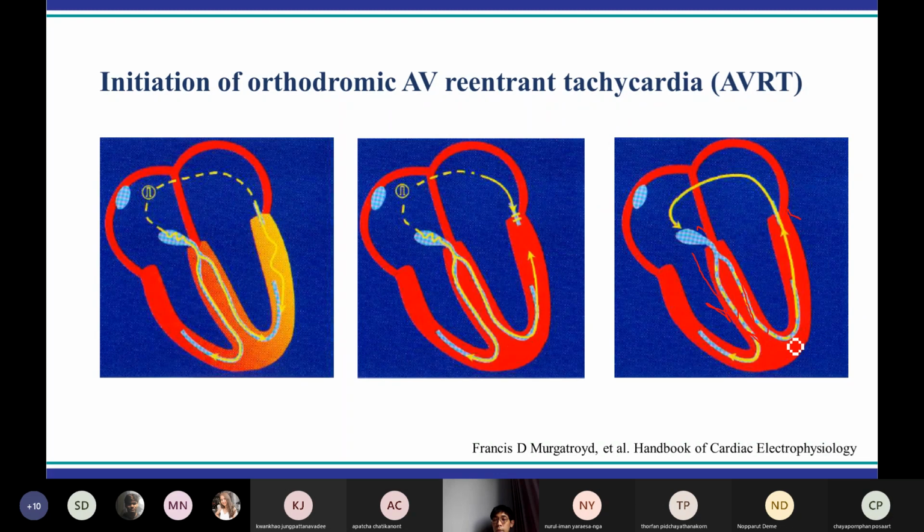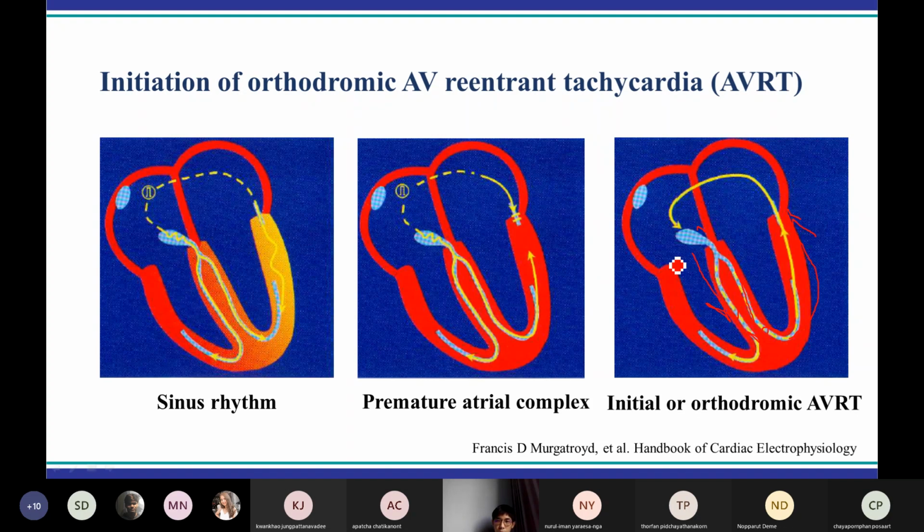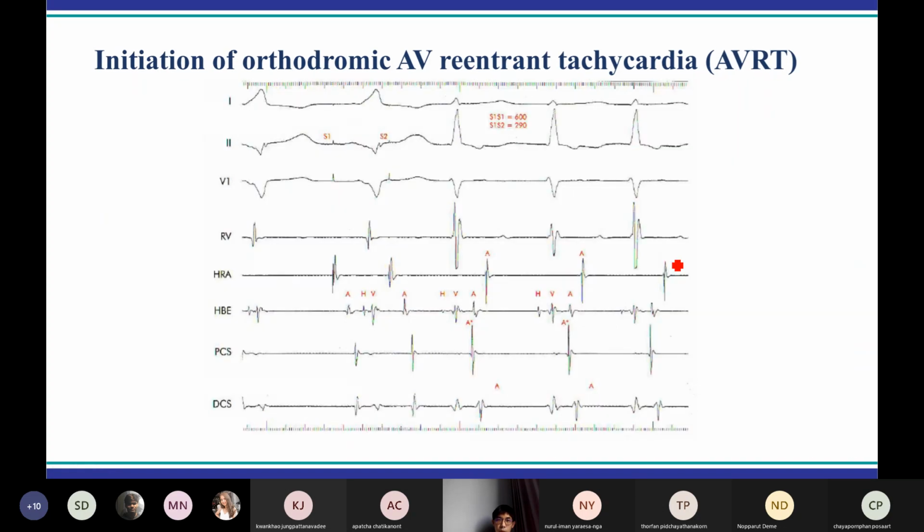After the travelling time, when it has come to around this area, the refractory period of the fast pathway has already recovered, and the signal would go up the accessory pathway and run as a tachycardia. So this is the initiation of the reentrant tachycardia.